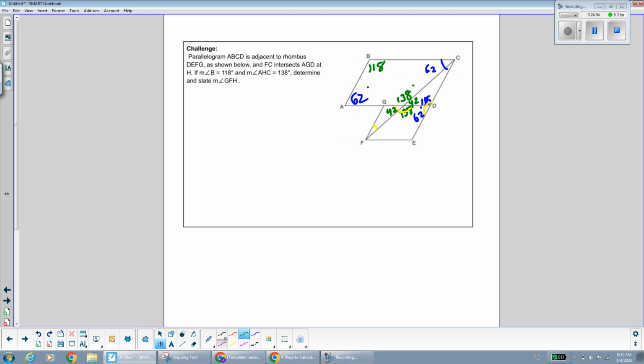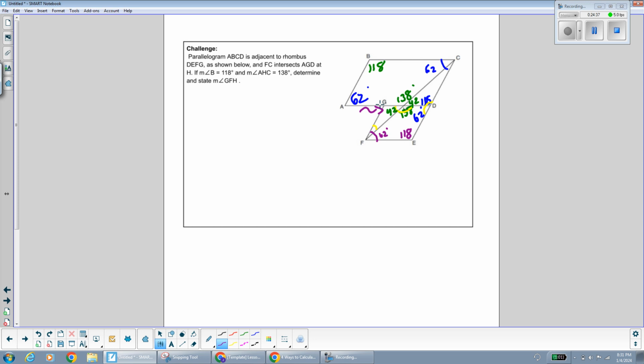Rhombuses have the same parallelogram property that opposite angles are congruent and that consecutive angles are supplementary. So if this angle of the rhombus is 62 degrees, then so is this whole angle of the rhombus opposite from it. Also, since consecutive angles are supplementary in a rhombus, we have 118.